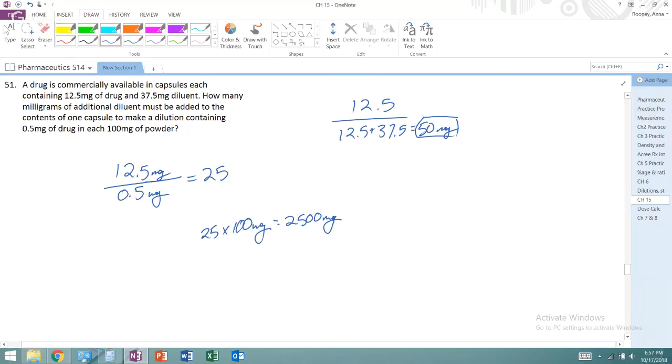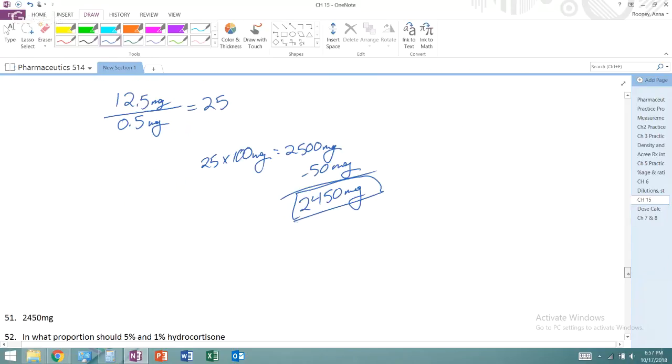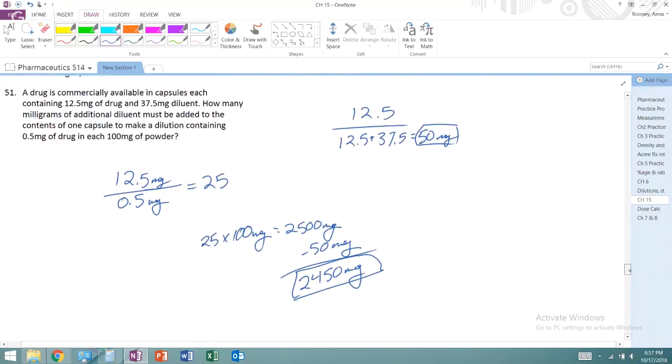We just need to add the diluent. So we need to take away that 50 milligrams. So then the diluent that we have to add is 2450 milligrams to get to that strength.